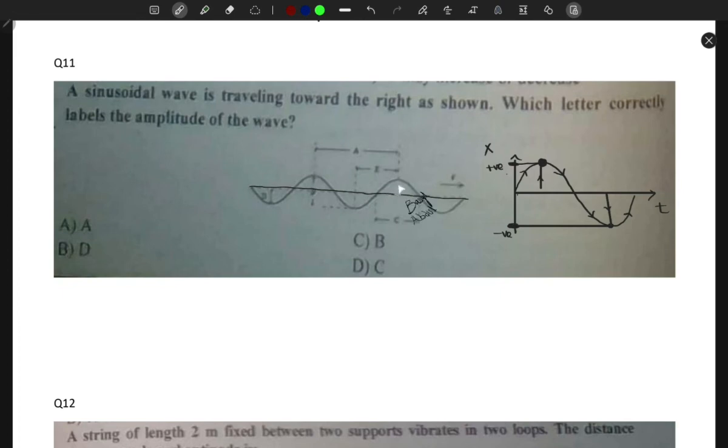So we have some options at our disposal. From all of this, this is the one that we'll choose, and it's not clear, but it's D, right? And the correct option, which says D, is option B. So that's what you'll choose. This is the amplitude of the wave.